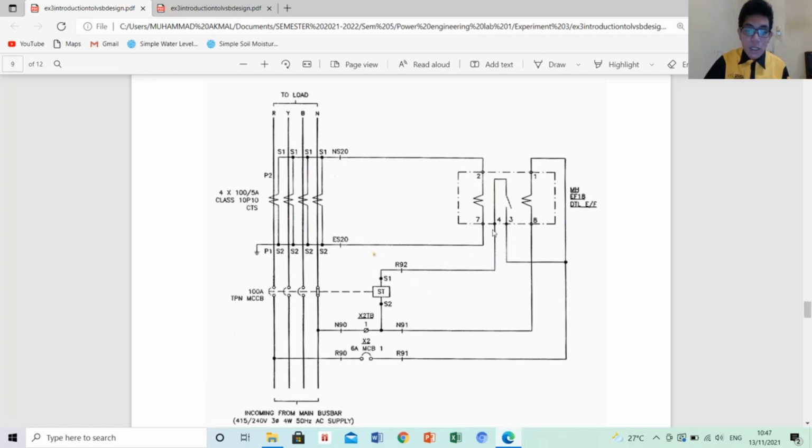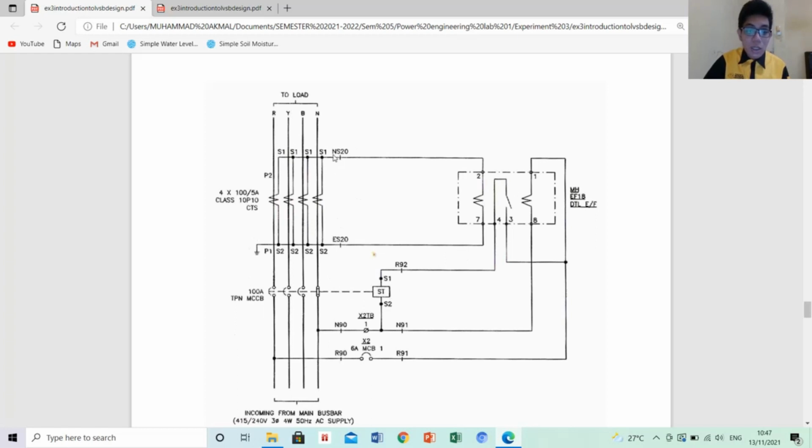In label number 4, there is a shunt trip coil which is connected to the TPN MCCB, which is the circuit breaker. If the coil is not connected, there will be no short circuit. However, if the coil is in the closed position, which means the coil is connected, the short circuit will occur as a protection for the circuit.